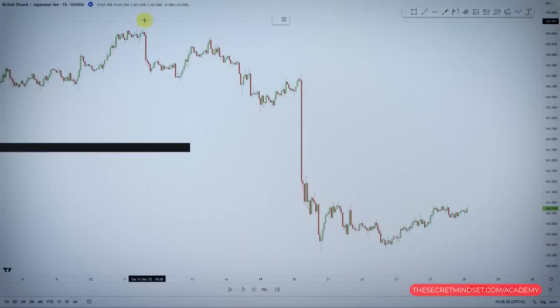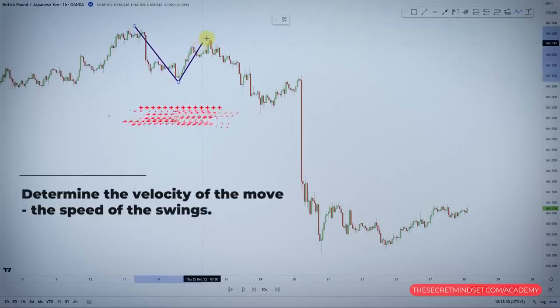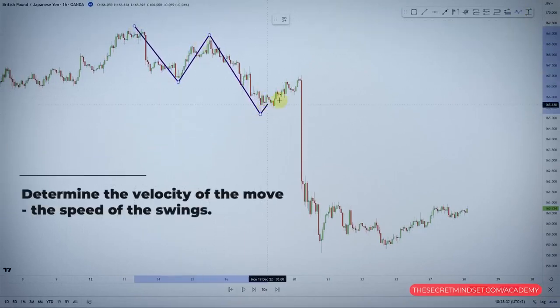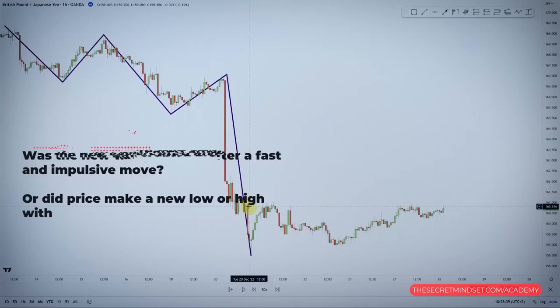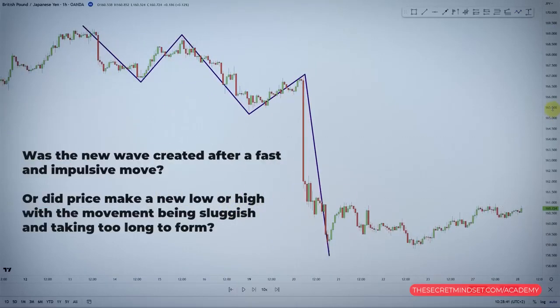When it comes to the distance the price moves, the magnitude is only half of the equation. The other one has to do with the velocity of the move, or the speed. Was the new wave created after a fast and impulsive move? Or did price make a new low or high with the momentum being sluggish and taking too long to form?